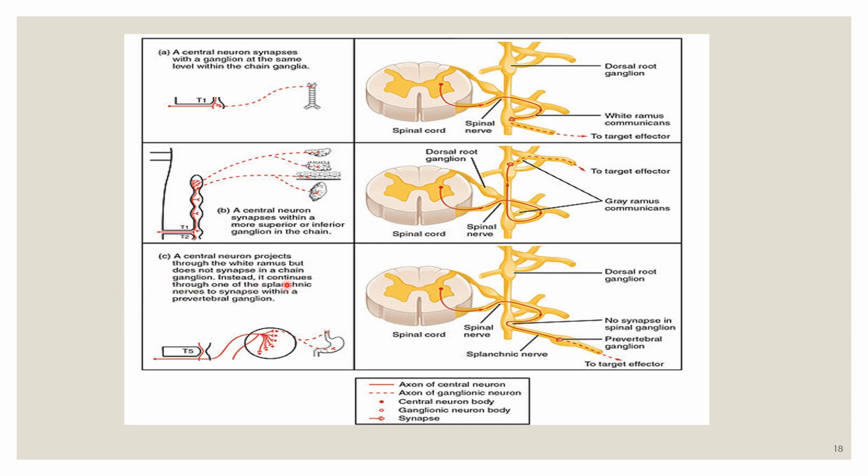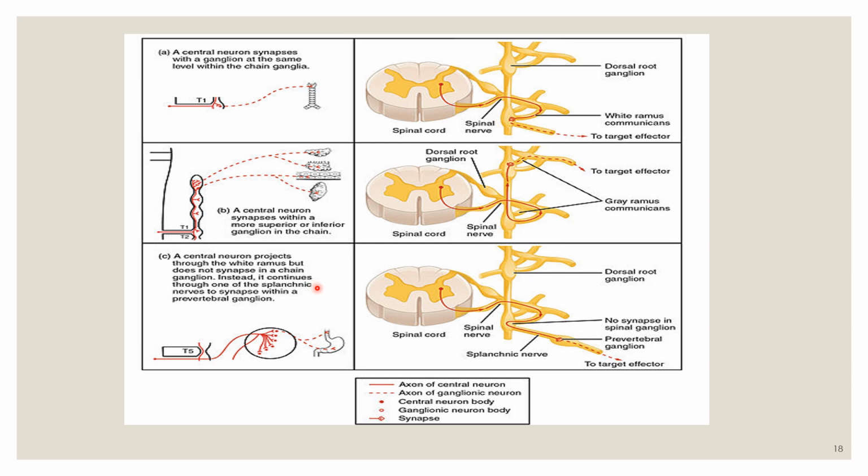Then a central neuron projects through the white ramus, but it does not synapse in a chain ganglion. Instead, it continues through one of the splanchnic nerves to synapse within a prevertebral ganglion.